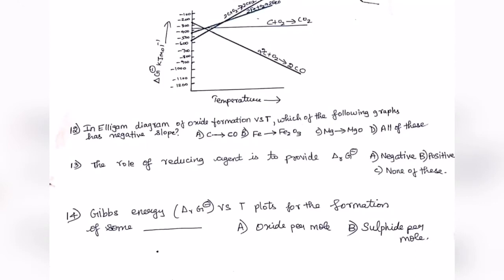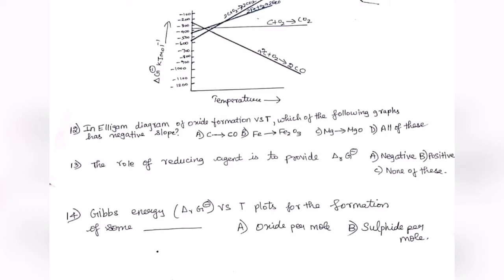This is the Ellingham diagram. You can see the x-axis is temperature and the y-axis is delta G standard in kilojoule per mole. In the Ellingham diagram of oxide formation versus temperature, which of the following graphs has a negative slope? Option A, carbon gives carbon monoxide; iron gives Fe2O3; magnesium gives magnesium oxide.